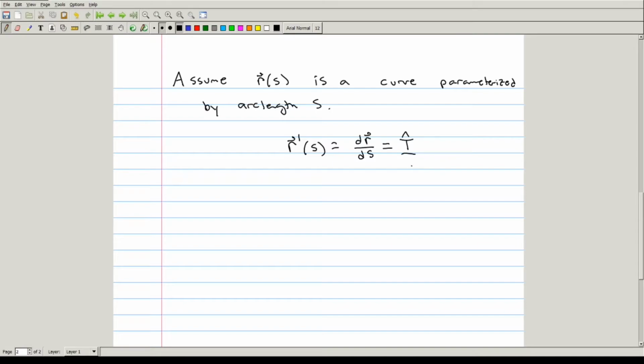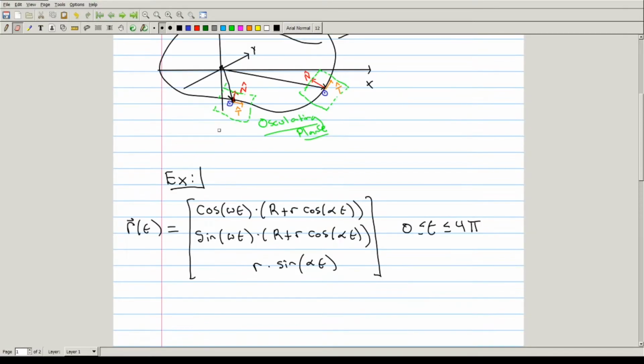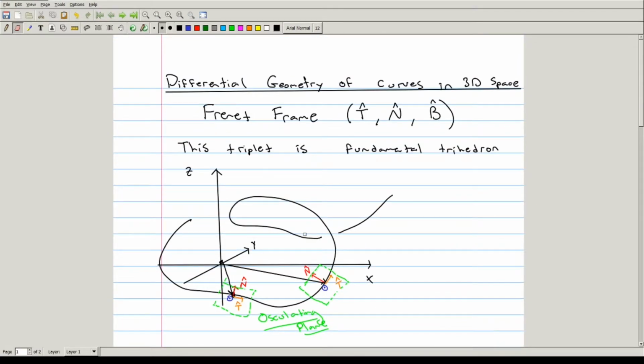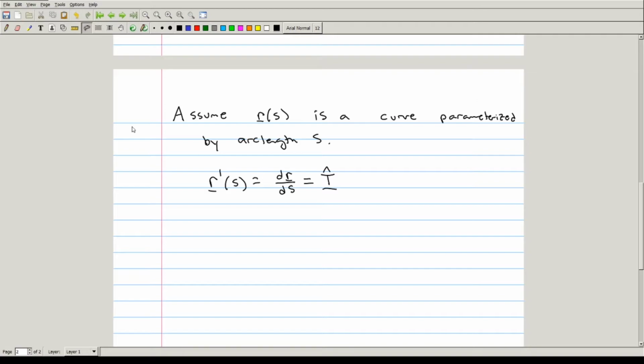This is the fundamental piece of importance here. If you don't remember why that is, it has a simple explanation. I mentioned this last lecture.